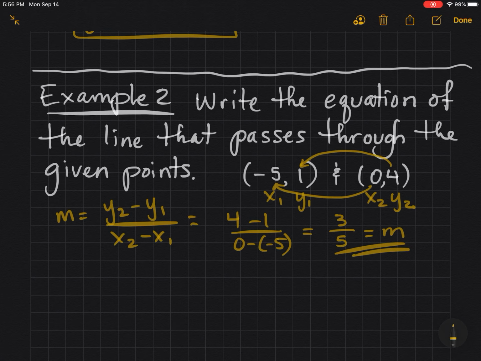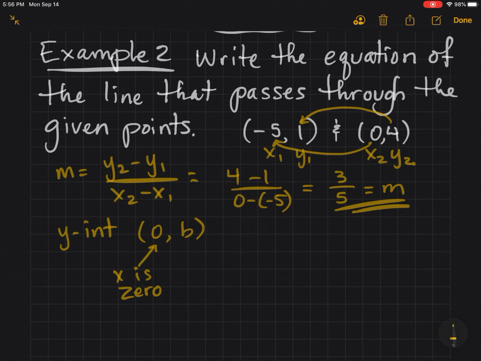Now, I need to figure out what my y-intercept is. A y-intercept always happens when x is 0. So if x is 0, this is our y-intercept. And we can see that clearly on a graph. The y-intercept simply means where this intersects the y-axis.